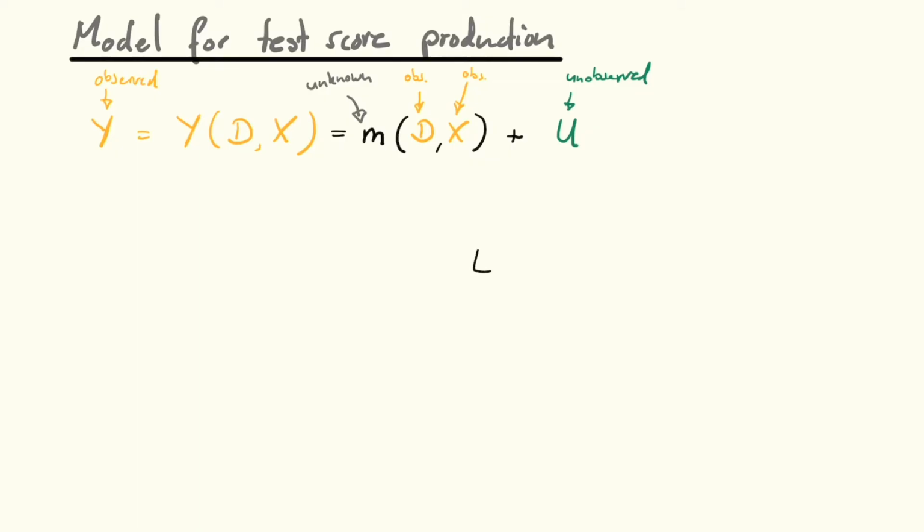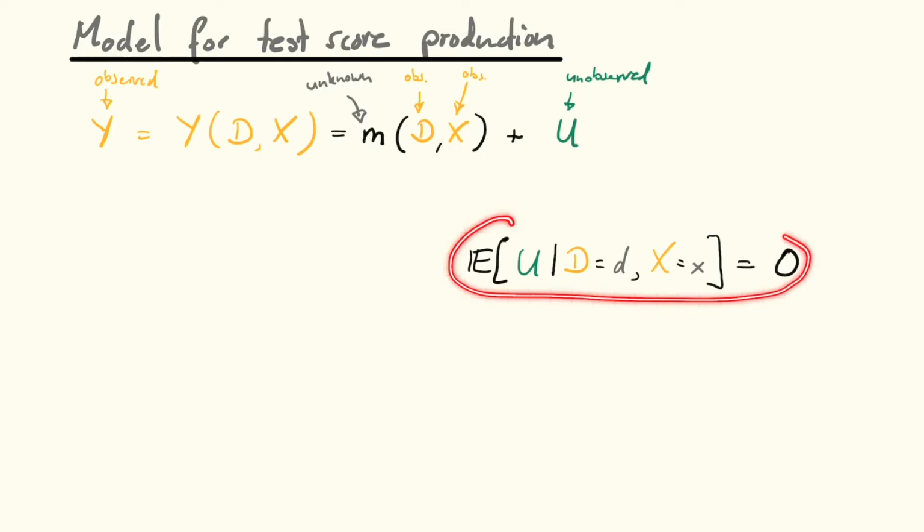If we average u in any subpopulation characterized by a classroom size equal to lowercase d and a PD index equal to lowercase x, that average will be equal to 0. When this balancing assumption is satisfied, then we say that the error term is exogenous.